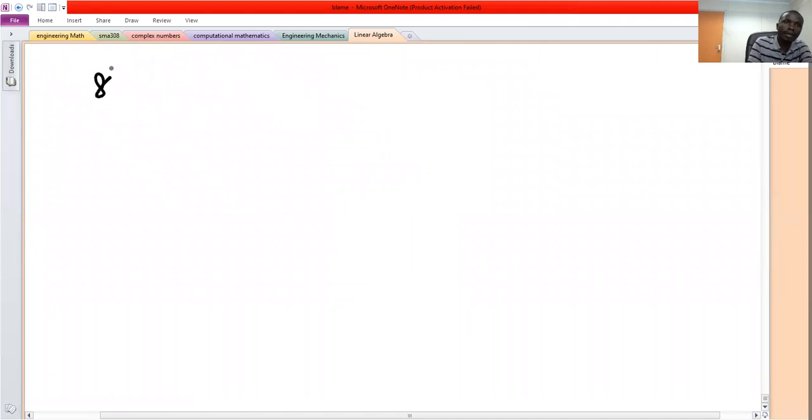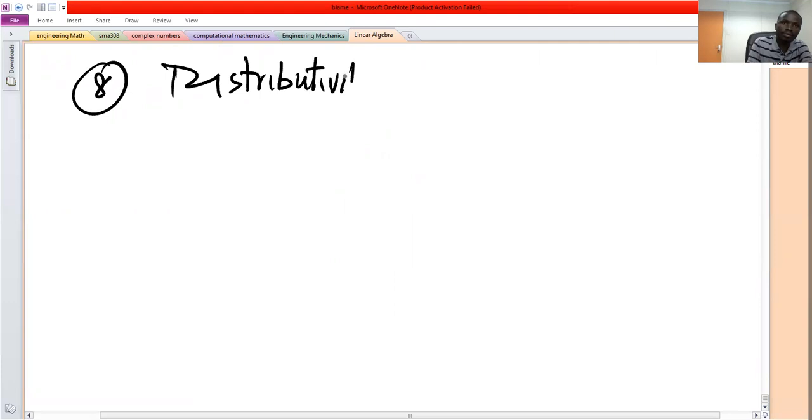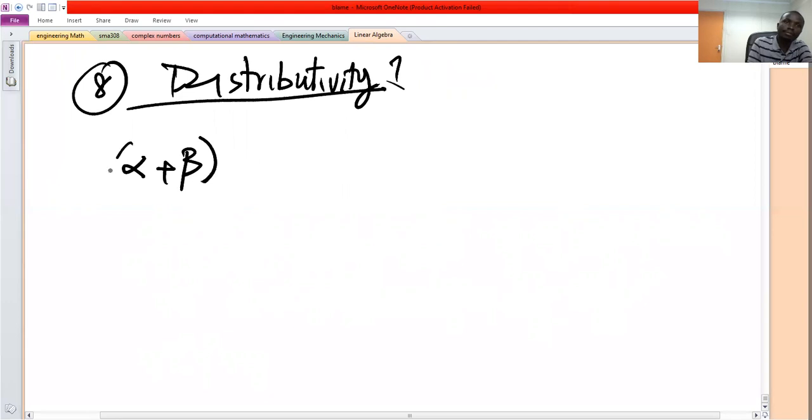Number 8, still distributivity, but then write distributivity. So if I have alpha plus beta, I multiply by f of x.